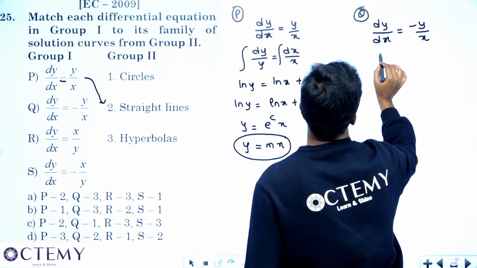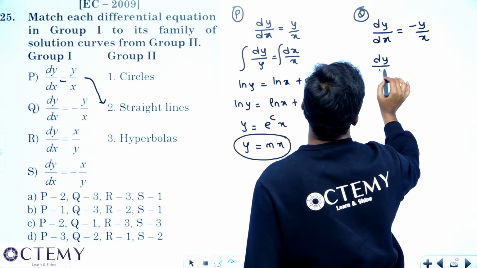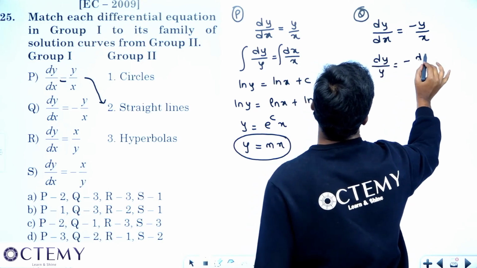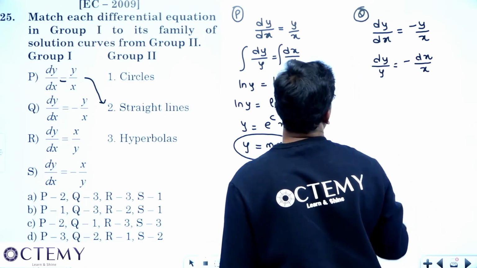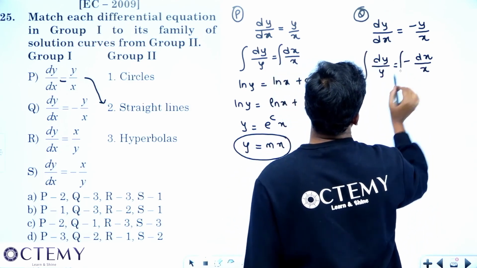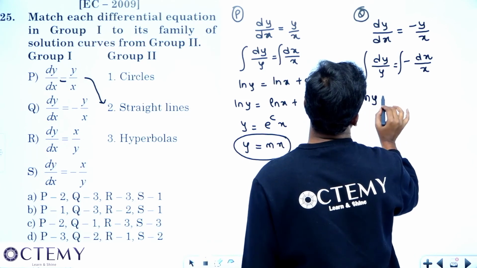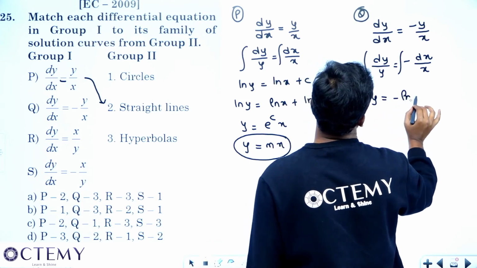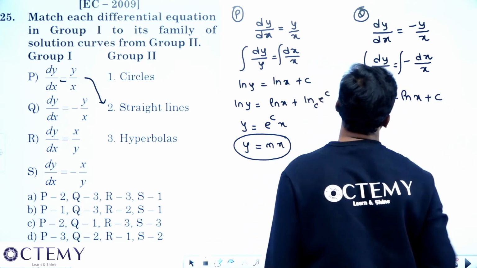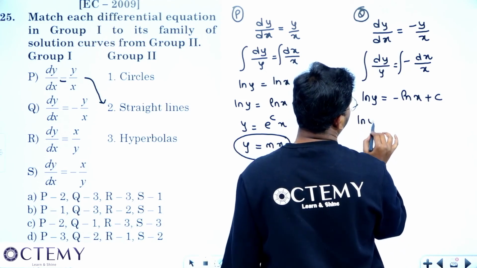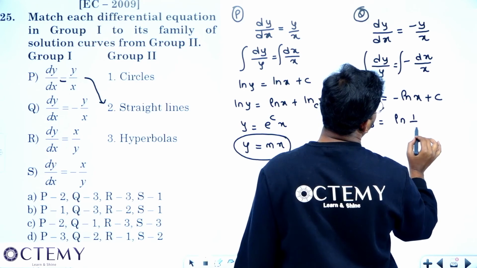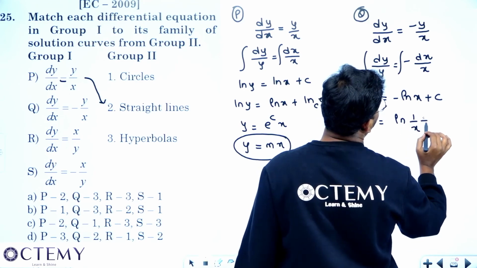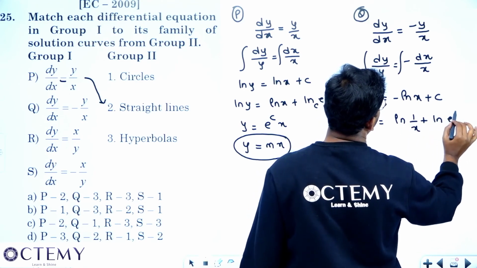So same thing, dy by y is equal to minus dx by x. So same it will come, sir. Only integral you do. So ln y is equal to minus ln x plus c. I can write this as ln y is equal to ln 1 by x plus ln e power c.